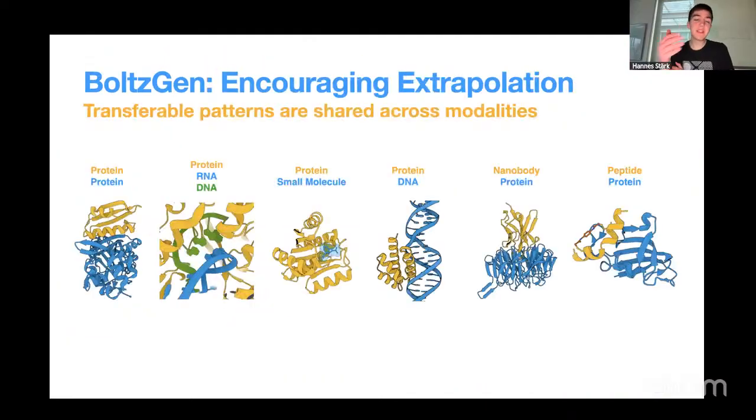These two aims of generalization and applicability across domains go hand in hand, because we want to learn for generalization to be able to expand to novel targets. We want to learn transferable patterns like physical chemical interactions and 3D geometry. And these patterns are conserved across molecular types and classes, such as, for example, the hydrogen bonds that make up DNA base pairing.